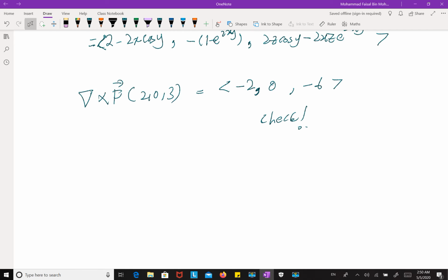Okay, so next we move to properties of del, multiple operations. We can combine the gradient, divergence, and curl in multiple operations.